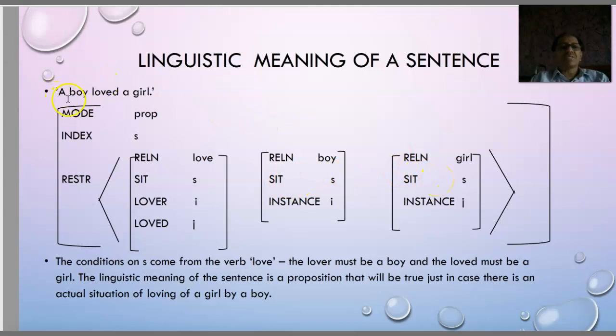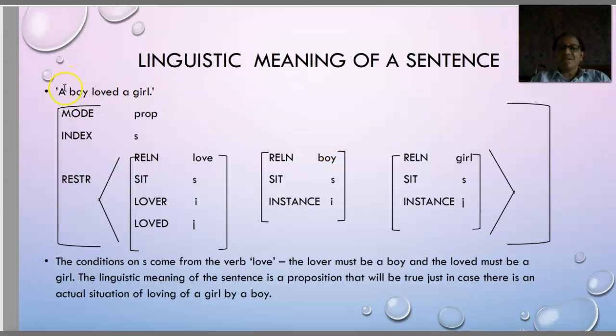Then we must be wondering what's happening with the word a in a boy, in a girl. They are determiners, which contribute a different kind of meaning, which we are not looking at now. Basically whatever the noun boy conveys goes up to the phrase a boy.